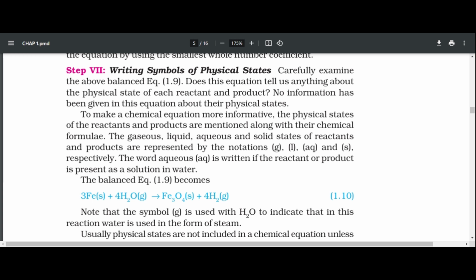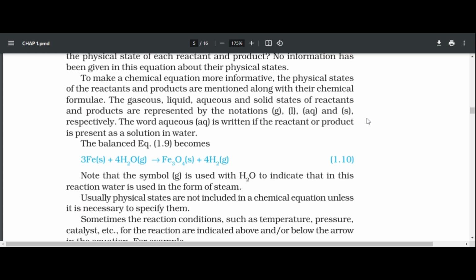The gaseous, liquid, aqueous and solid states of reactants and products are represented by the notations g, l, aq, and s, respectively. The word aqueous (aq) is written if the reactant or product is present as a solution in water.